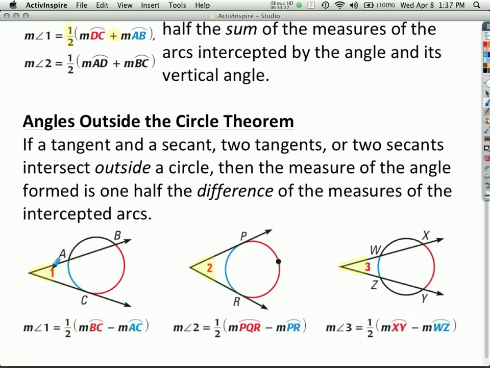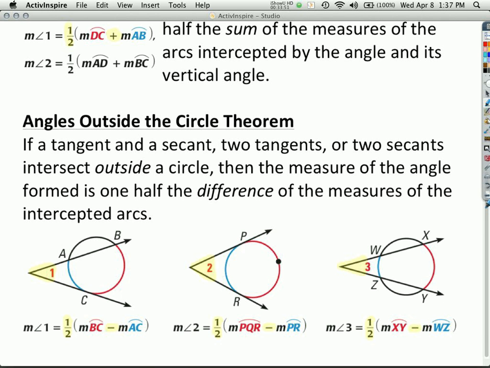So the measure of this angle will be half the difference of this arc, and you always start with the bigger arc and subtract the smaller arc. This angle will be half the difference, bigger arc, smaller arc. Same thing here, half the difference.